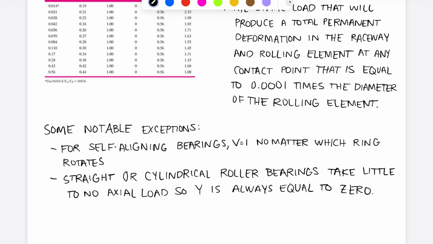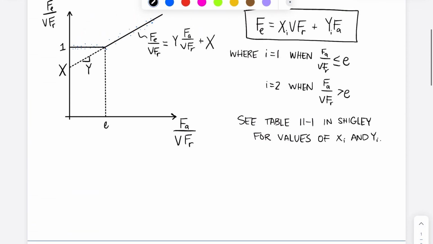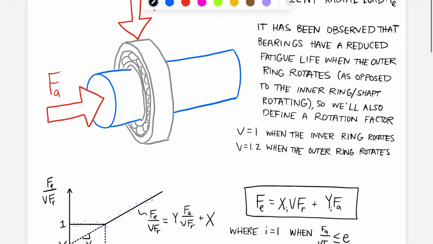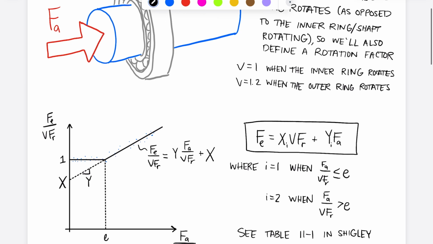All right, so that wraps it up for this video. I hope you found it helpful learning how to use an equivalent radial load to account for axial loading. It's an interesting process that relies more on correlations to experimental data than any kind of addition of forces that you've probably done before.